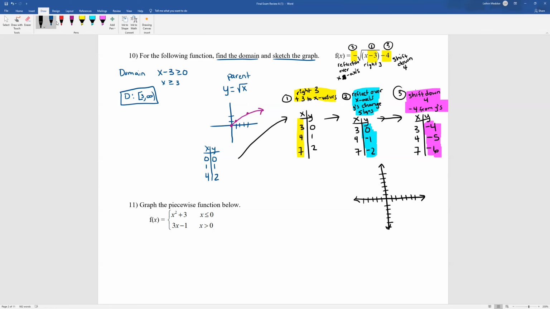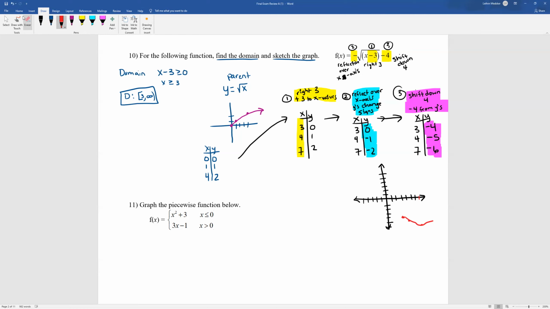So we have the following points. We have 3, -4. So over 3 to the right, down 4. We have 4, -5. And then we have 7, 1, 2, 3, 4, 5, 6. Oops, need to add 7 in there. Down to -6.